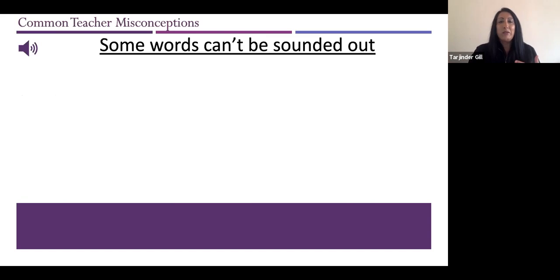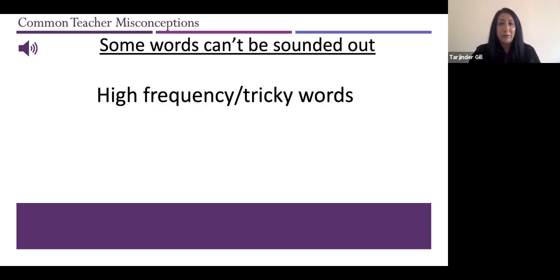Now, whether the grapheme phoneme correspondence is one-to-one, or whether it's part of the complex code, or whether it's a rare or unusual grapheme phoneme correspondence, that's really the issue here. But just because it is a rare one doesn't mean that you can't break the words down. And part of the problem is when you tell children they can't break words down, and the reason why that happens is because you've got these high frequency tricky words that are still being taught as sight words.